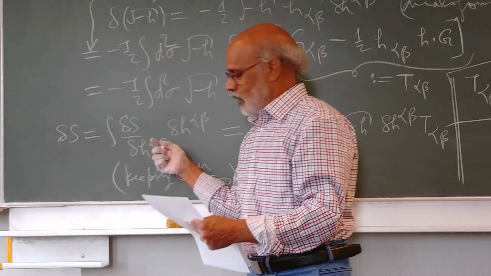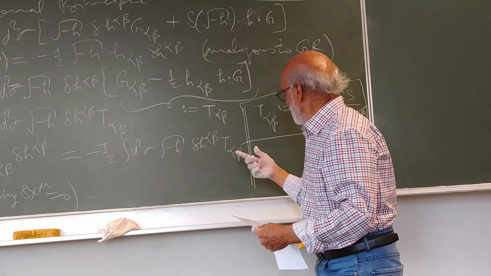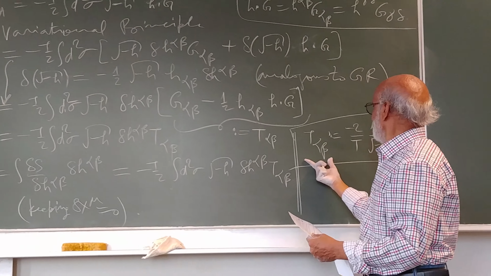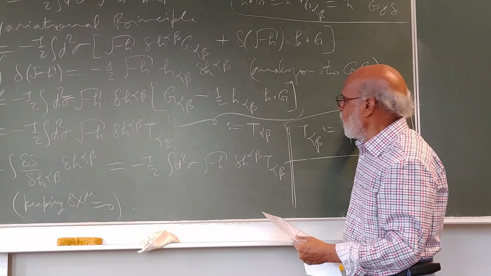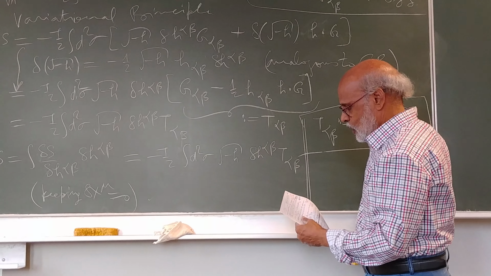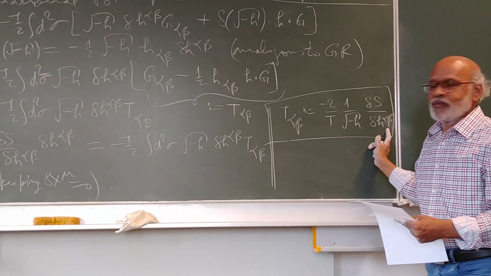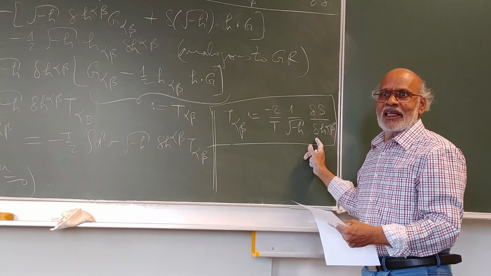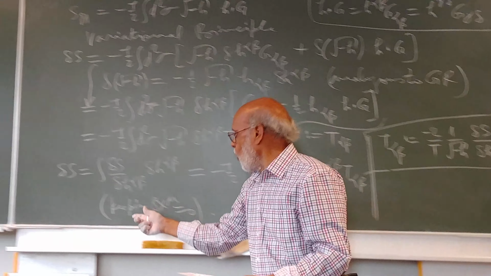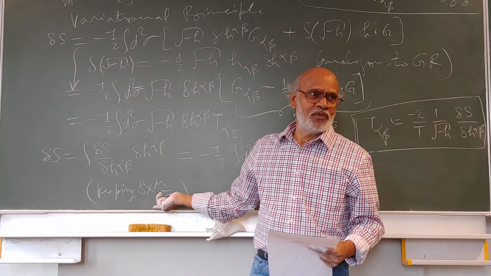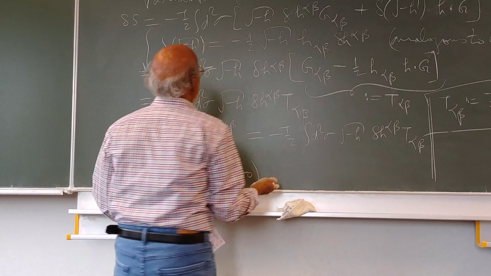So I repeat that the T alpha beta measures the response of S to the metric variation with respect to the metric H alpha beta or that delta H alpha beta, keeping all other fields fixed, which means delta X is equal to 0. And this is what you exactly obtained here.